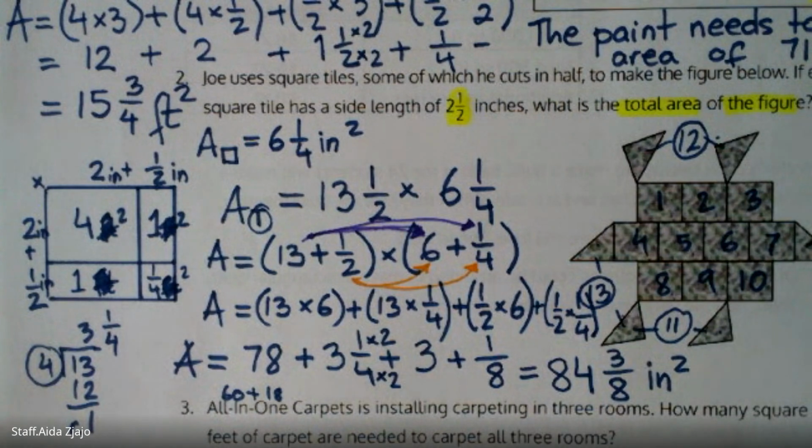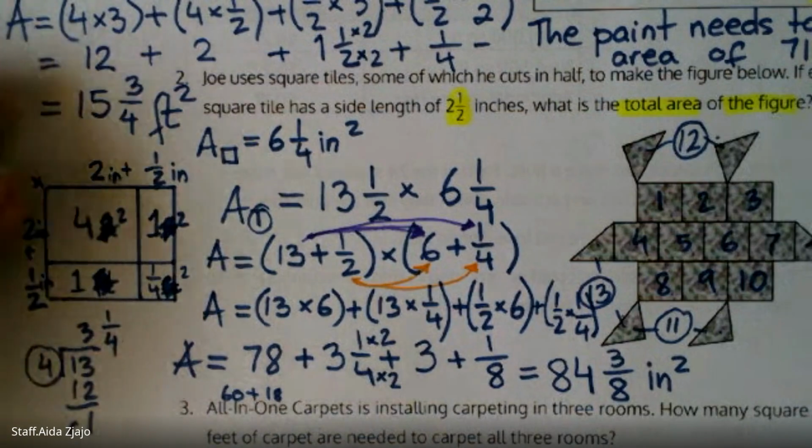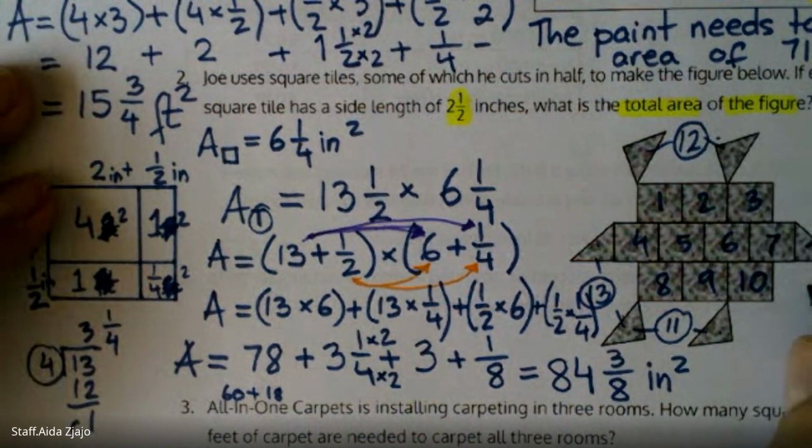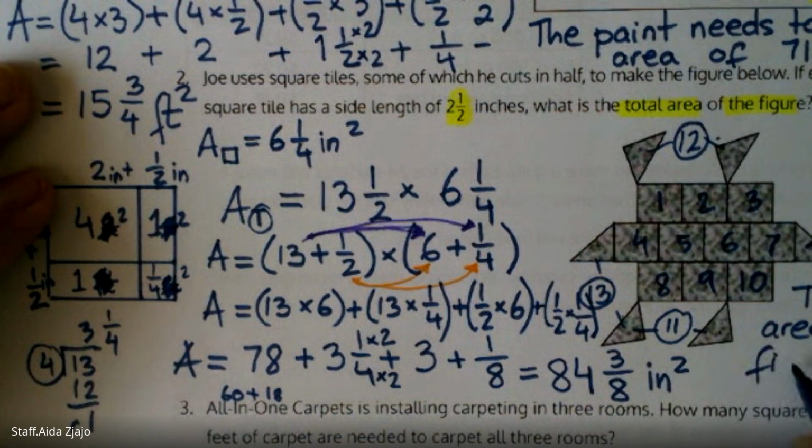Let's see. I needed to write what is the total area of the figure. The total area of the figure is 84 and 3/8 square inches.